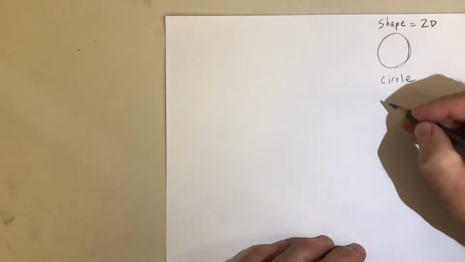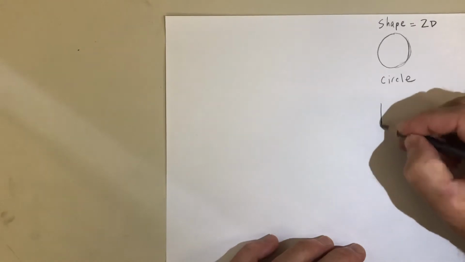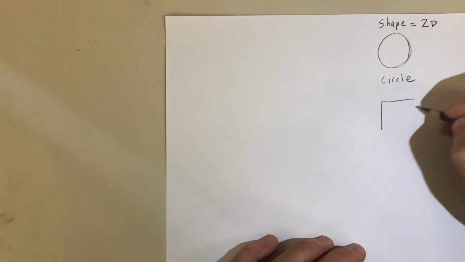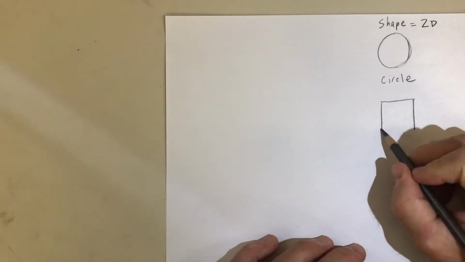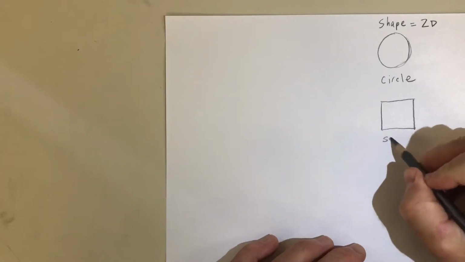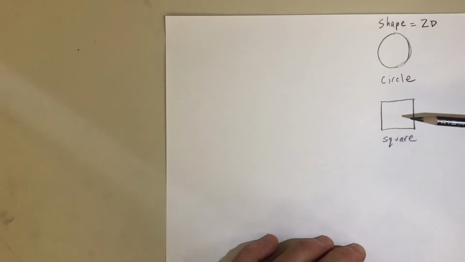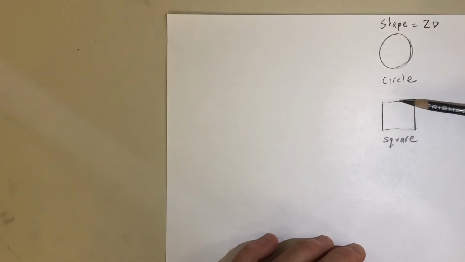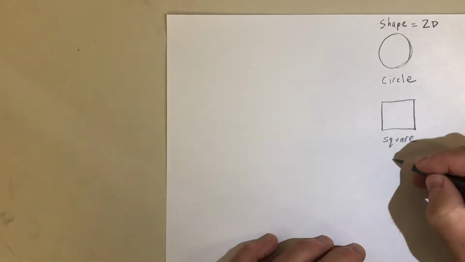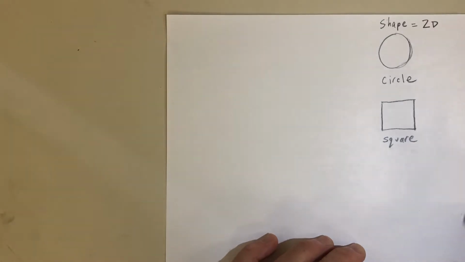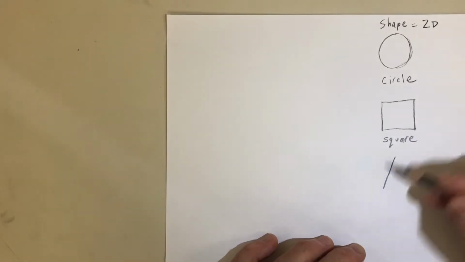Okay, so continuing, go ahead and draw a square. Also a shape. It has height and width, but no depth, which would be the third dimension. Okay, continuing on, a triangle, same thing.